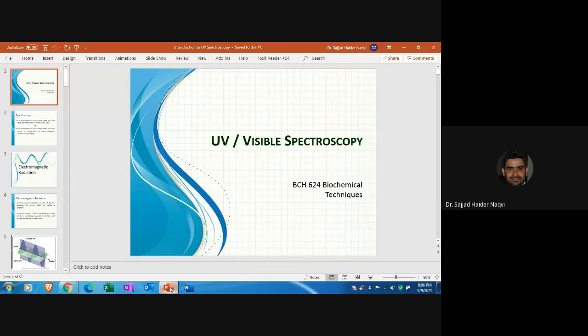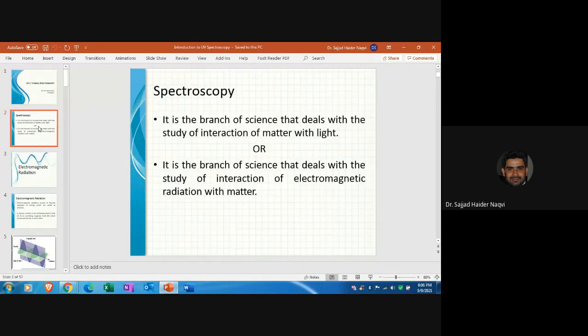So UV visible spectroscopy is our first technique that we're going to start today. So let me start the lecture first. What is spectroscopy? In regard to this technique, you are aware of it at the level when you have done your labs in your major as first year and second year.